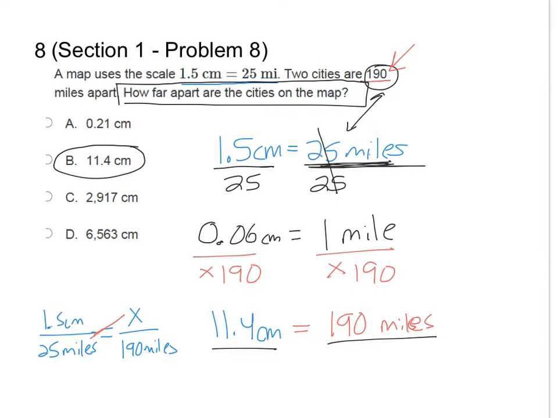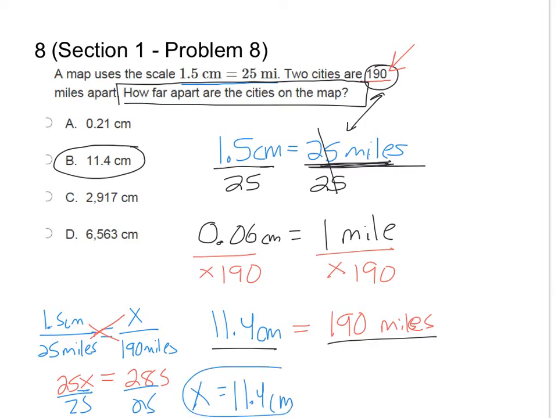So x times 25 is 25x equals 190 times 1.5, which is going to give us an answer of 285. And then how do you get x by itself? We need to divide both sides by 25. So we'd be left with x is equal to 285 divided by 25, which gives me x equals 11.4 centimeters.